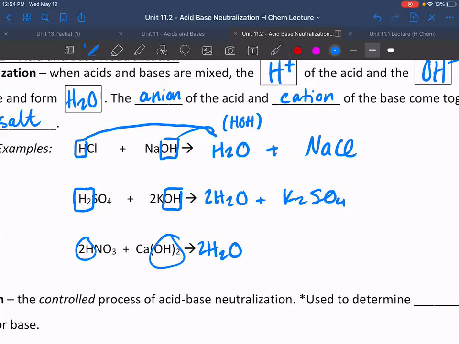So for every 1 mole of calcium hydroxide, we need 2 moles of acid, because there has to be an OH for every H that the acid donates. So we use coefficients to balance these things out. It has to deal with how many moles of each we need to neutralize, and that's really important when we do our calculations in this next part. Then our salt is calcium nitrate.